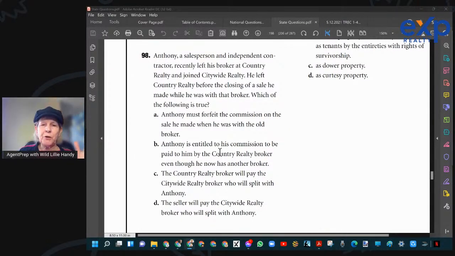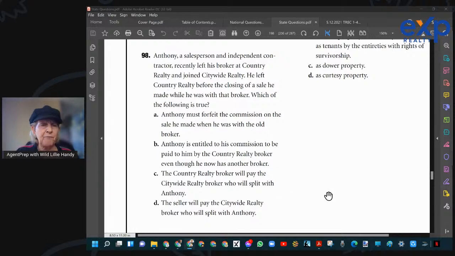What happens to your commission? A, Anthony must forfeit the commission on the sale he made when he was with the old broker. B, Anthony is entitled to his commission to be paid him by the Country Realty broker, even though he now has another broker. C, the Country Realty broker will pay the Citywide broker and split with Anthony. Or D, the seller will pay the Citywide Realty broker who will split with Anthony.